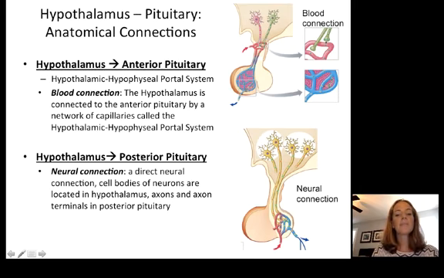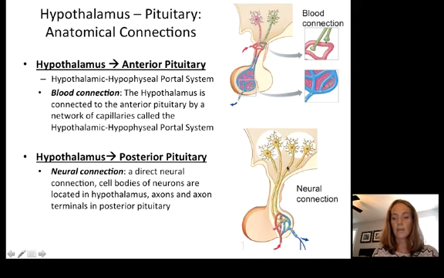The hypothalamus to posterior pituitary is a neural connection. And really, the posterior pituitary is simply an extension of the hypothalamus. So we could say, but the anatomists didn't, that in my mind, it's almost like the hypothalamus stretches down like this and has its own separate little arm, which is the posterior pituitary. So you have other neurons in the hypothalamus that are making hormones.